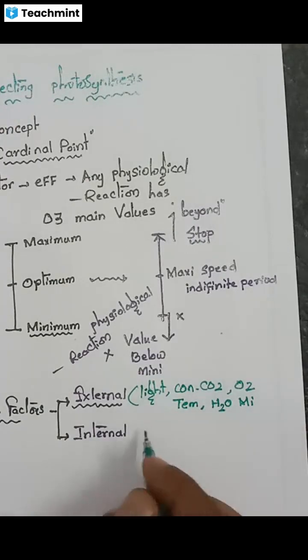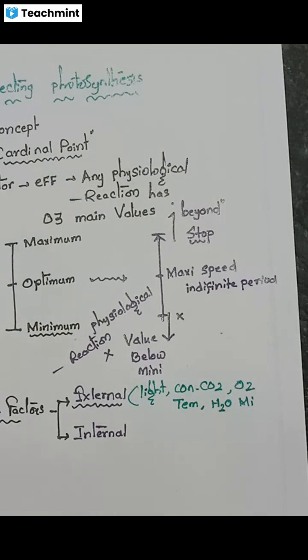So the photosynthetic factors are classified into two major classes: external photosynthetic factors and internal photosynthetic factors.